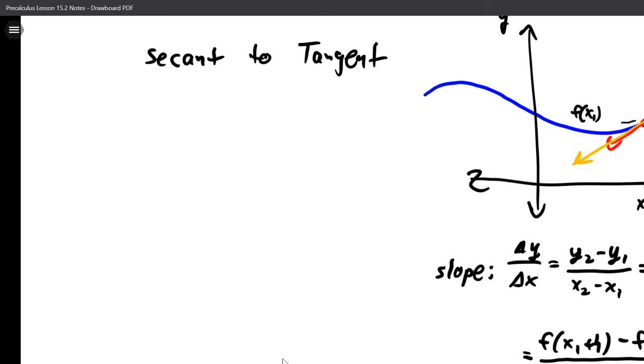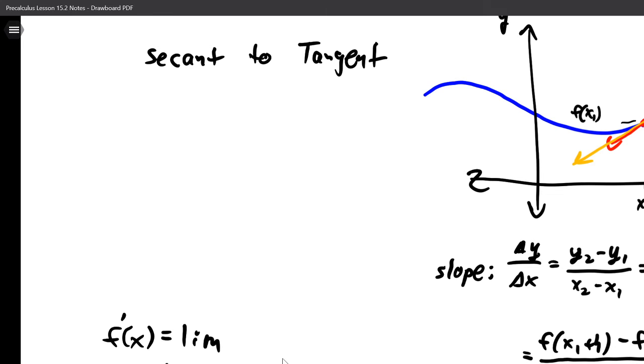So then what do we do when we do a derivative? We say f prime of x, because we're finding the derivative, equals the limit as h approaches 0, because we're creating a situation where the distance between these two points is infinitely close to 0.